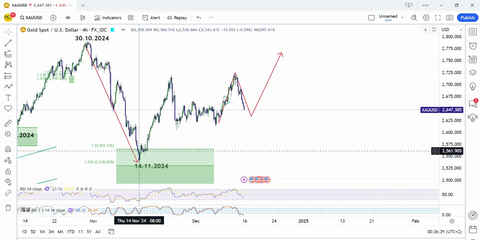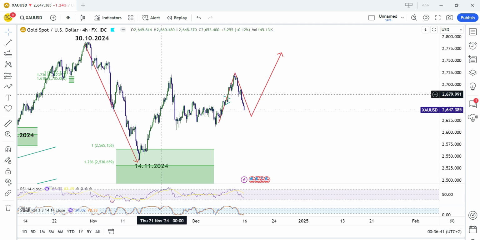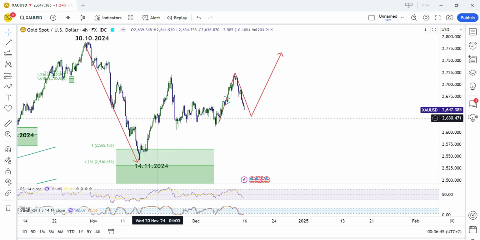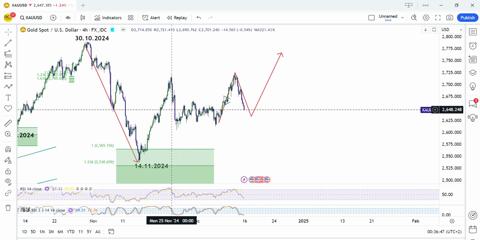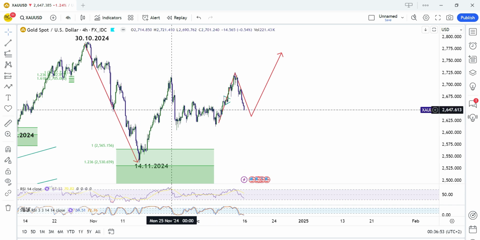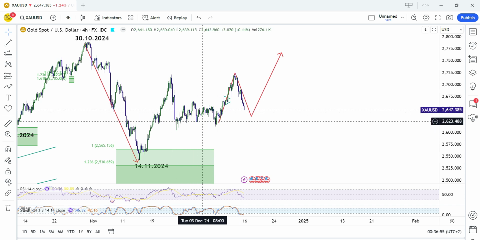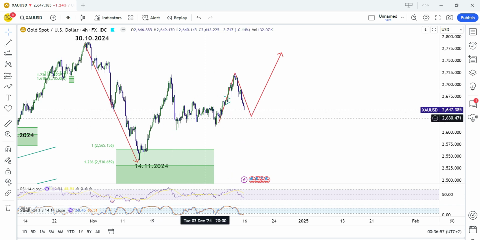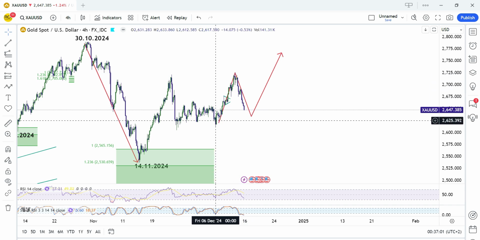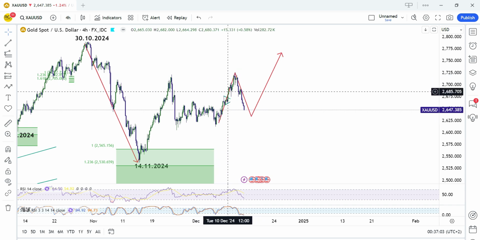As you have been aware of as well, we have expected the move to the upside from this area right here from the middle of November. Then we have expected some correction which took place at the end of November, and then we have seen this accumulation price action into the last 2 weeks or so, and we expected the market to give us a break to the upside, which is exactly what happened during last week.